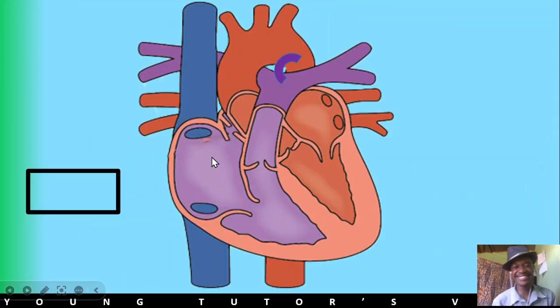Okay, so let's now see what is going to happen to the foramen ovale. The foramen ovale is this one. We know that neonates have started breathing. As they breathe and cry, air is going to be flowing to the lungs, and the alveoli now have more oxygen.